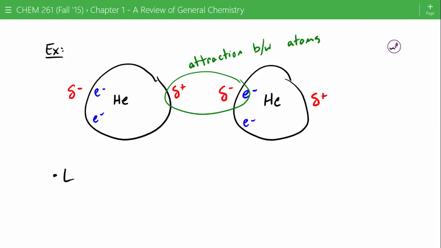So larger surface area equals greater dispersion forces.